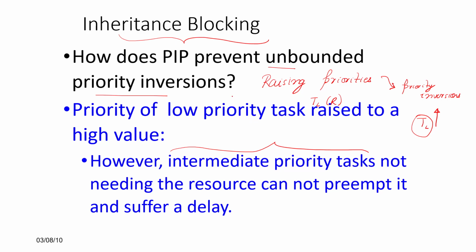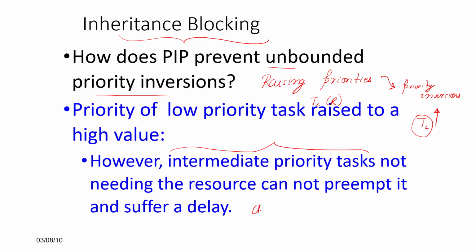So as we see, we cannot be uniformly fair, right? If we are being fair to a high priority task, we are being less fair to intermediate priority tasks. That is inheritance blocking. And if we are being fair to intermediate priority tasks, then we'll not be fair to the high priority task, and that would be unbounded priority inversion.